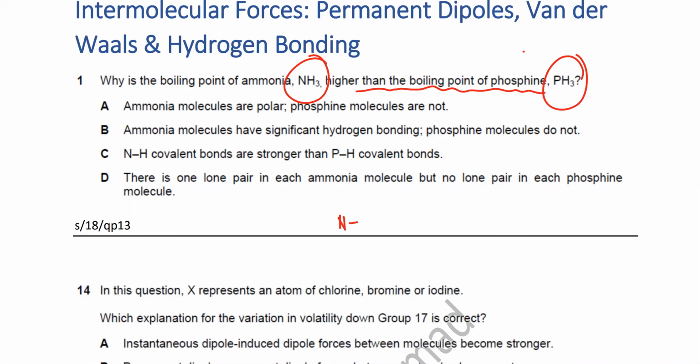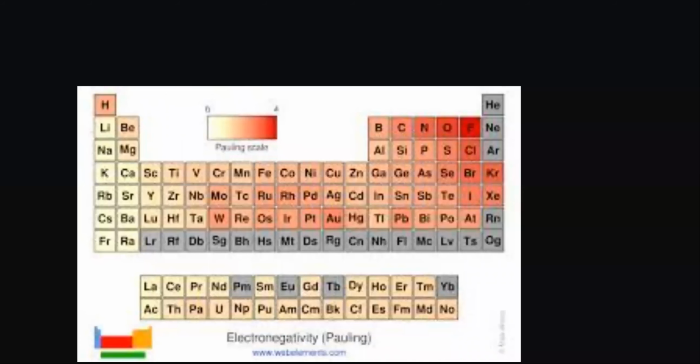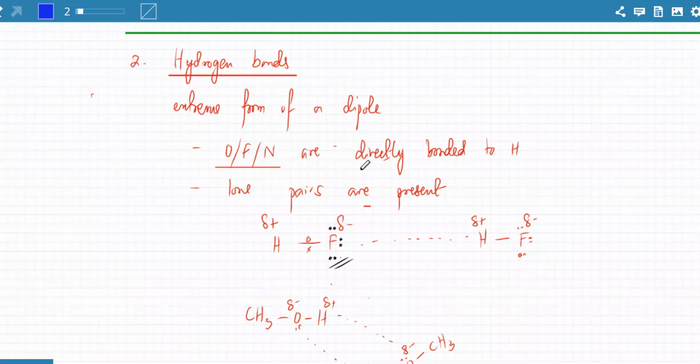Why is it only for oxygen, fluorine, and nitrogen? Because they are the most electronegative elements in the periodic table. Like, where's the periodic table? So, oxygen, nitrogen, and fluorine, these three at the top. So, they are some of the most electronegative elements, right? So, which is why they are able to form dipoles very, very strongly, because they are able to pull these electrons close to them, like really close to them.